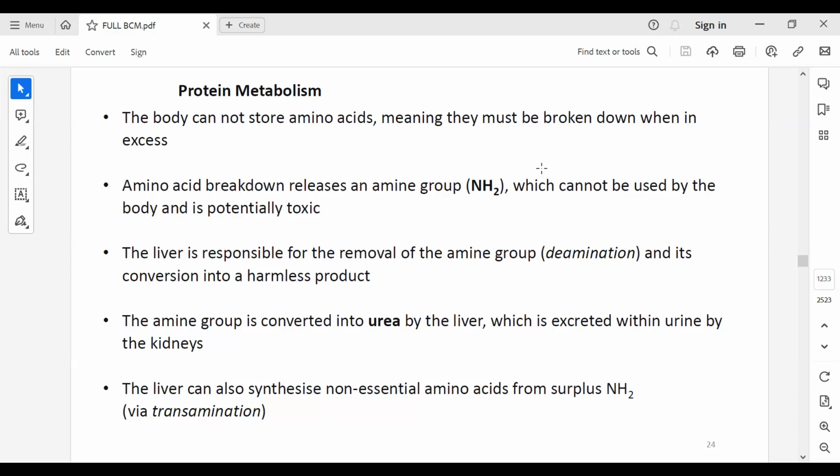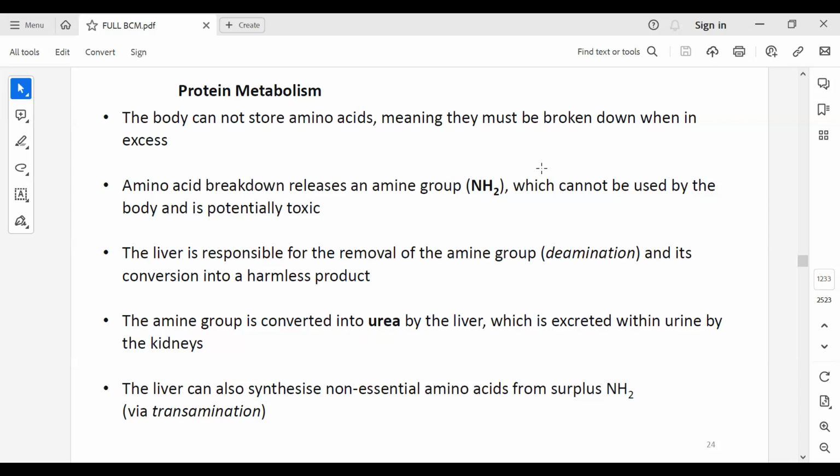The amine group cannot just be released from the body like that because it is toxic. That's why it has to be converted into urea. So the liver is responsible for the removal of the amine group, deamination, and its conversion into a harmless product. That's why it converts it into urea, which is excreted in the urine by the kidneys.